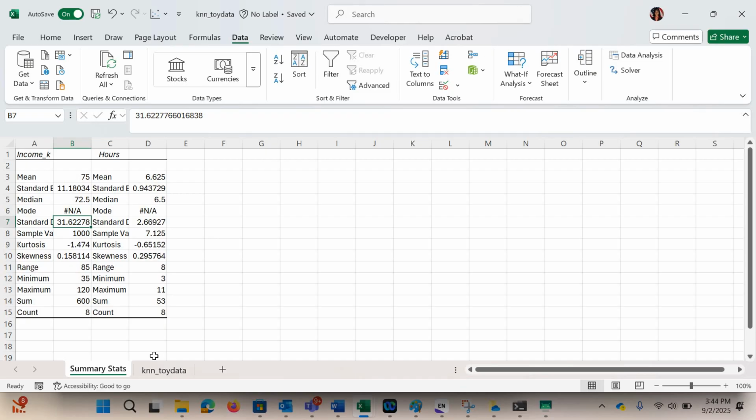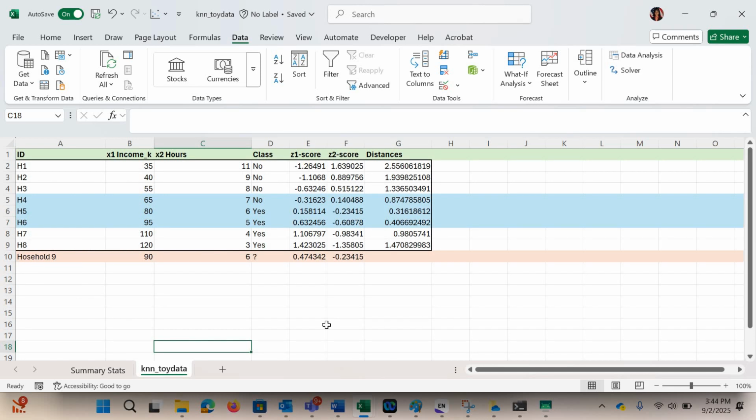And I showed you how to do that using standardize. I didn't do it that way here. I forgot about that. But I want you to do up to boards 1 by hand. Let me go to the next page.